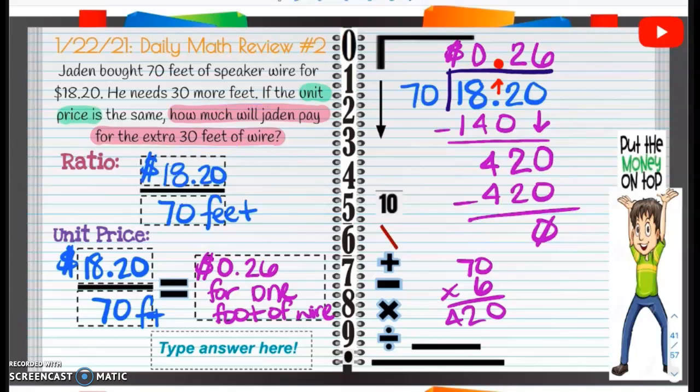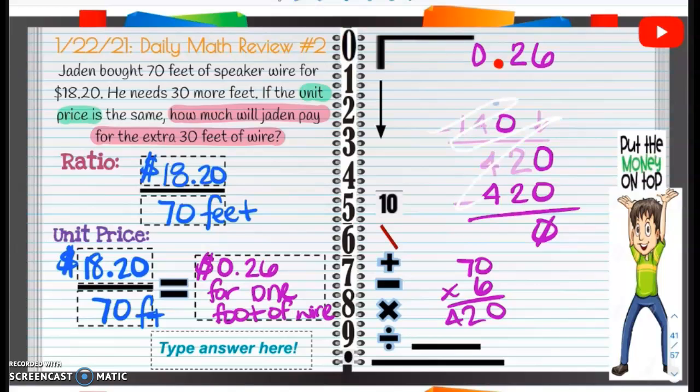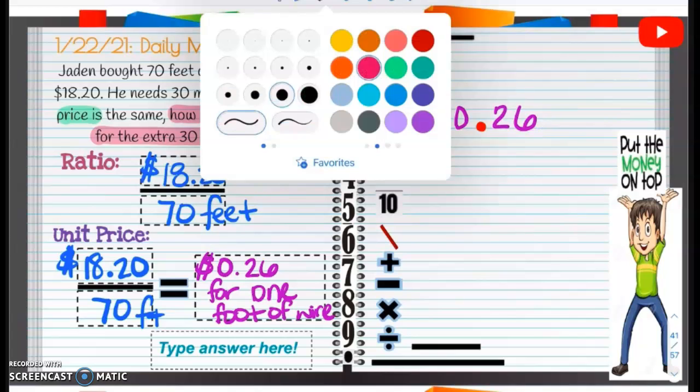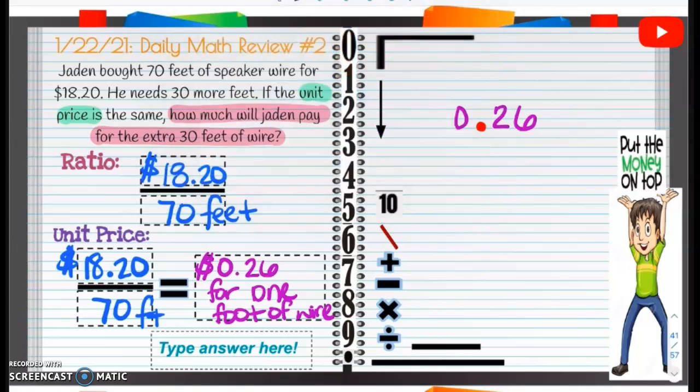So we're going to multiply that 26 cents by 30. I'm going to move this down a little bit, and we're going to multiply that by 30, because that's going to be for 30 more feet of wire.